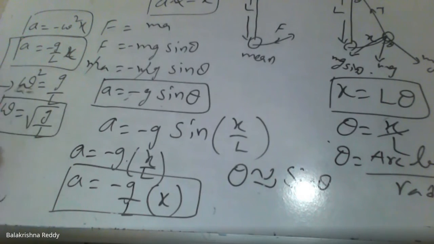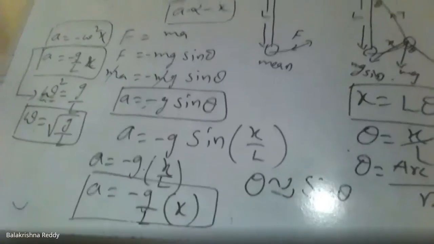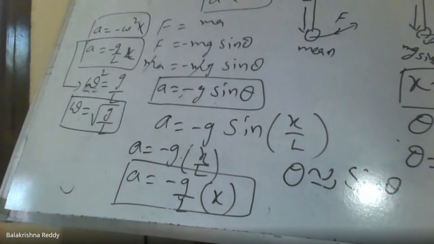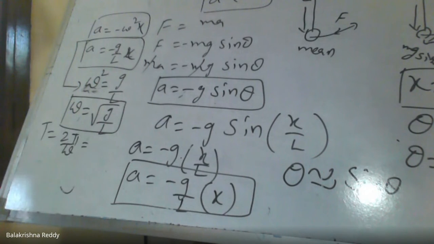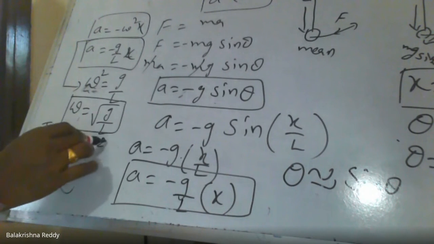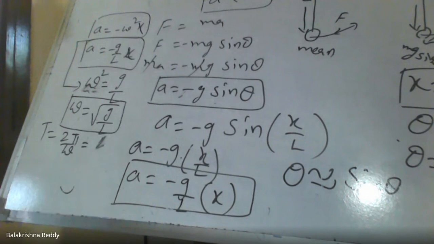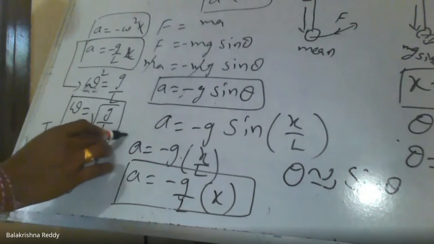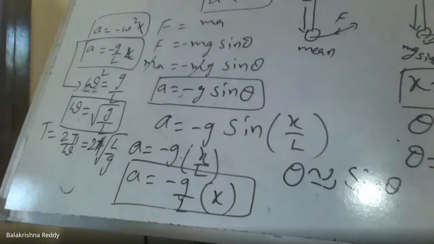Are you able to follow? Now, since we know the time period, what is the time period formula? Basically, T equal to 2 pi by omega. Therefore, in place of omega, I'm writing under root of g by L. So the time period will be 2 pi into under root of L by g.